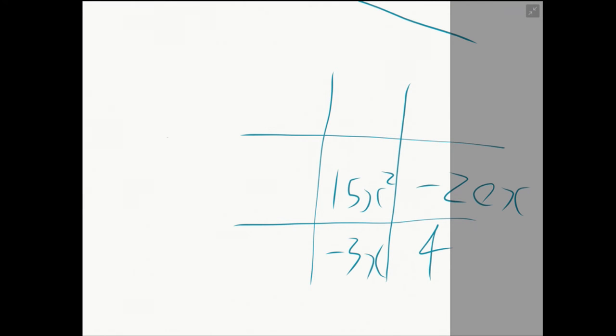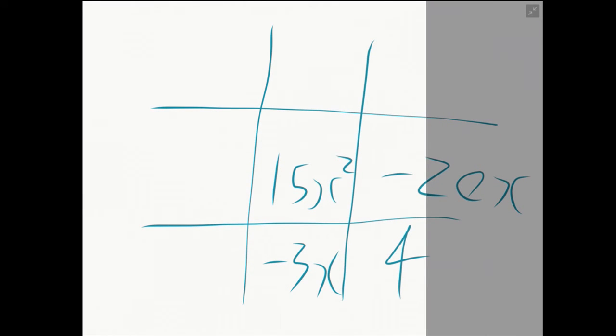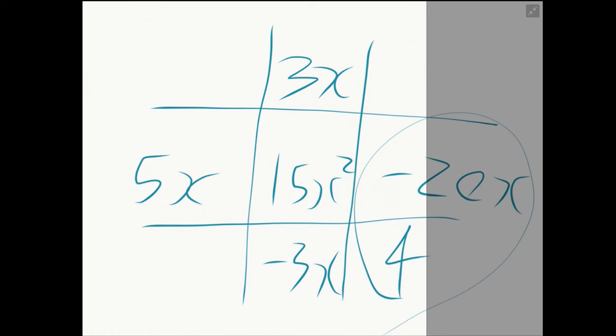Okay, how did I get those? We already did the factorization. So, once again, what's shared in this column? Well, that would be 3x, right? Okay, sorry. What about this column? Well, that's 5x.